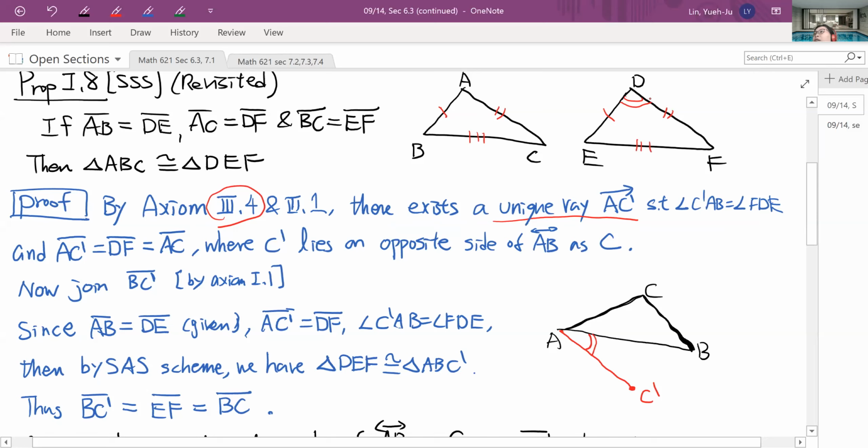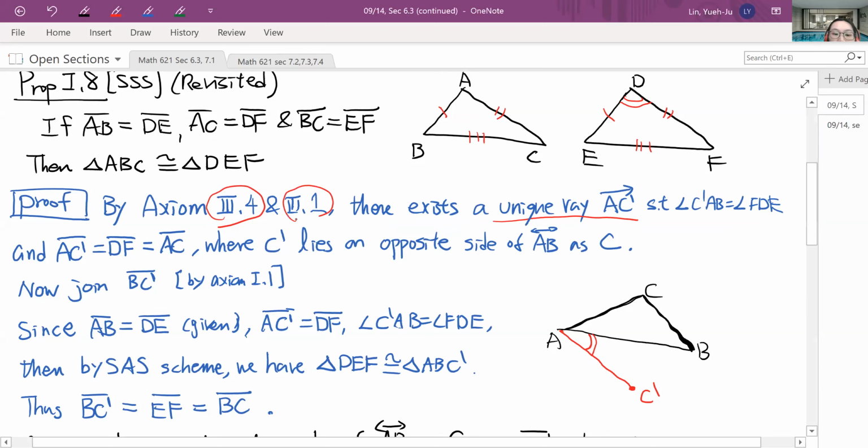I can definitely copy or reproduce an angle like this, and on the side of AB we can only find one such ray AC prime. This is justified by 3.4.